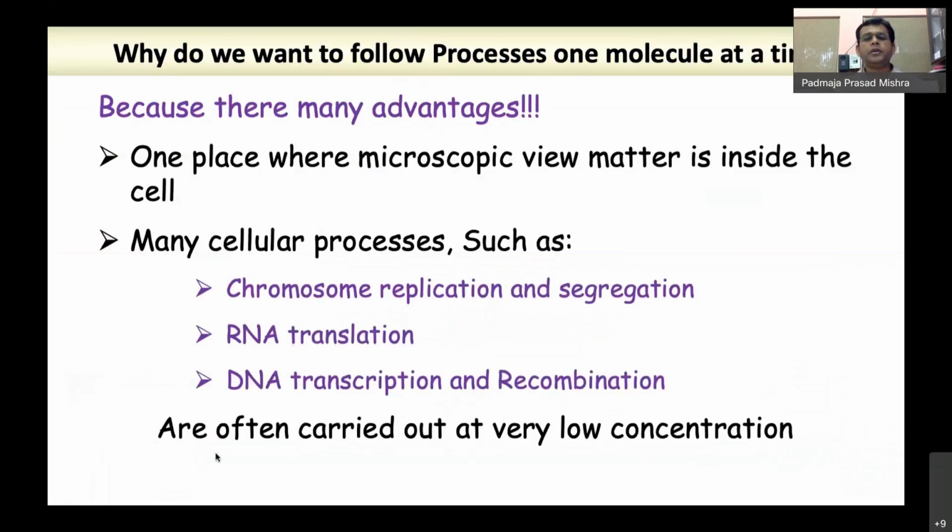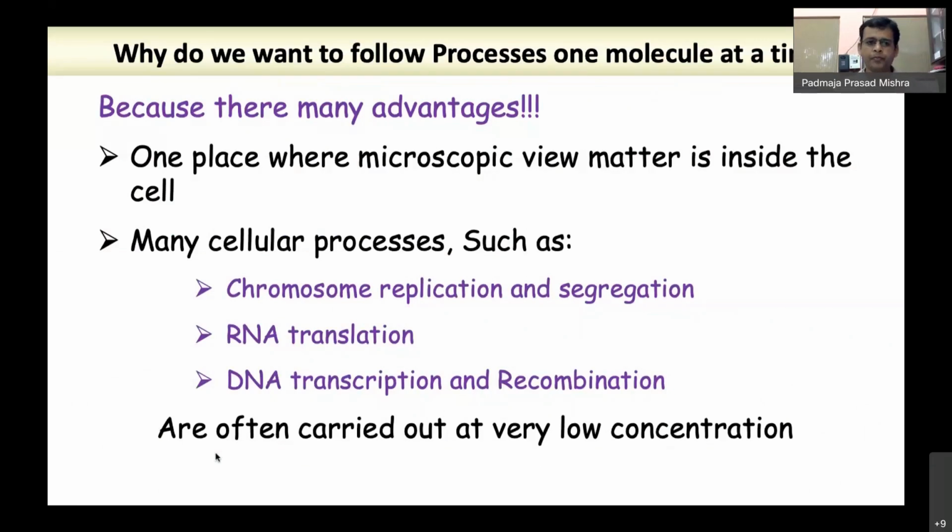Well, when we talk about single molecule measurements, the very first question that comes to our mind is why we have to follow processes at single molecular resolution. The obvious answer is because there are many advantages. I should mention here that when we are talking about the cell, the one place where a macroscopic view matters is inside the cell.